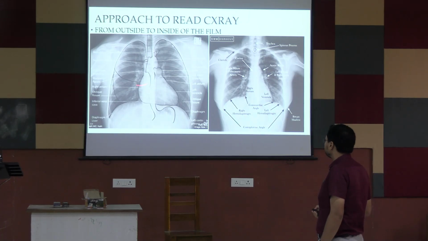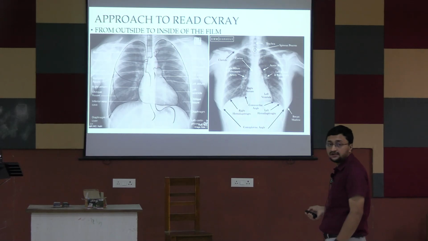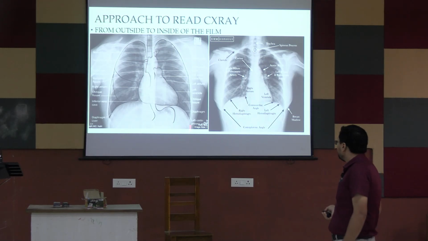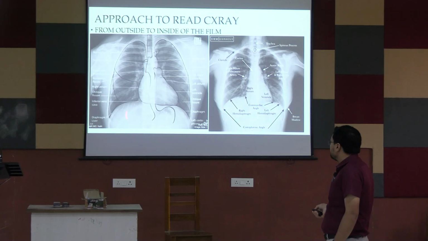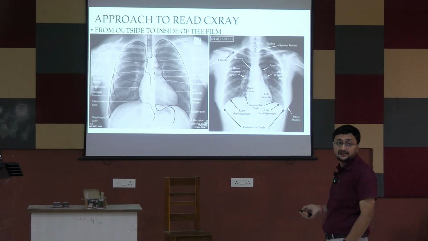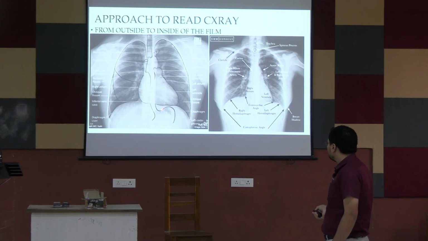So this is the trachea, these are the parenchymas, this is the horizontal fissure, this is the oblique fissure, and this is the cardiac shadow. These are the 2 hemidiaphragms, right and left, and what is this?